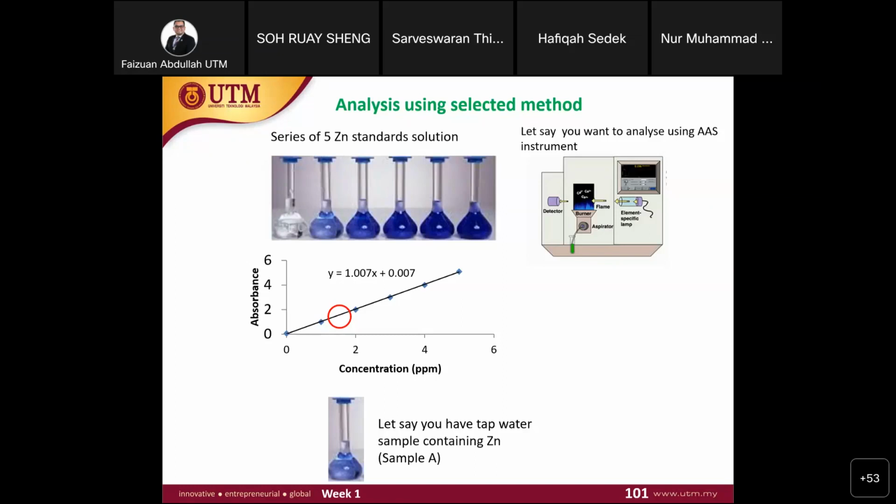Now we have an unknown concentration of analyte inside the sample. We have a sample and we don't know the concentration of analyte inside it. And then we let the instrument analyze the sample.